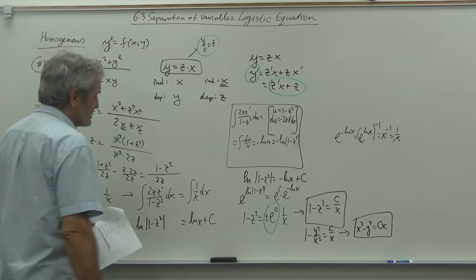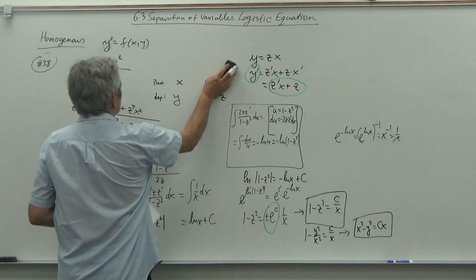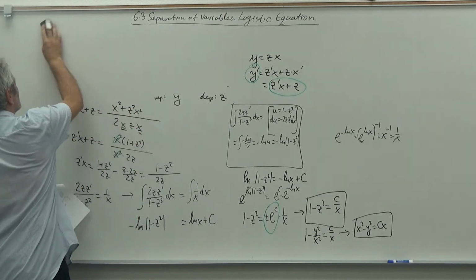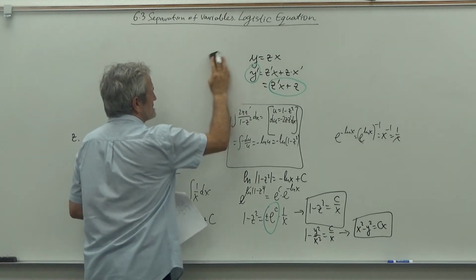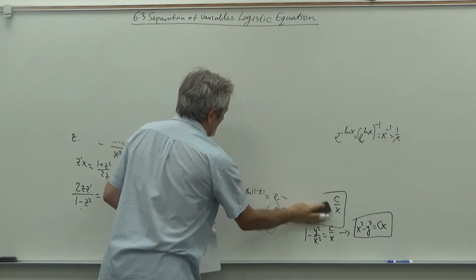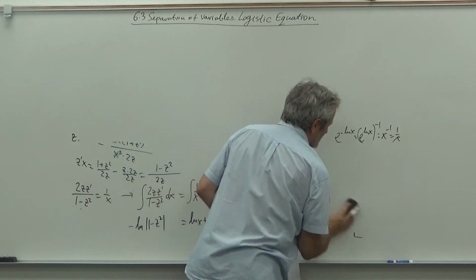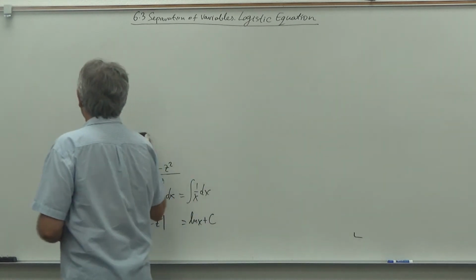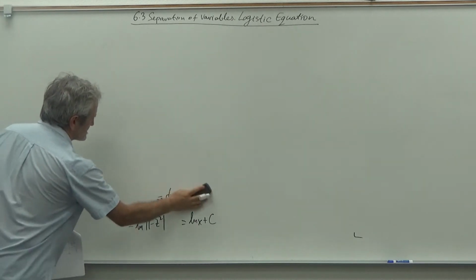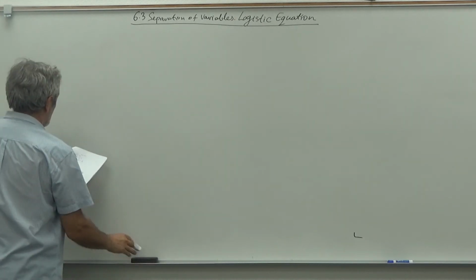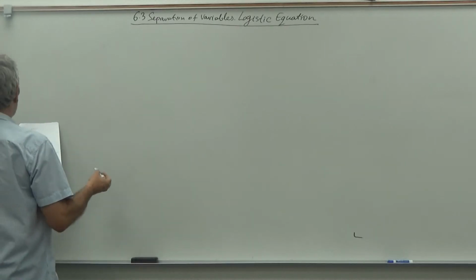And then one really very interesting equation with lots of good history and application is called the logistic equation. I'm glad that this is the highlight of our course, because there are interesting stories connected with these equations.